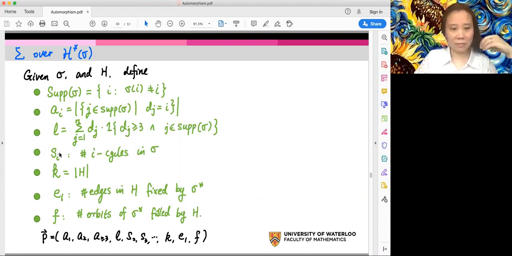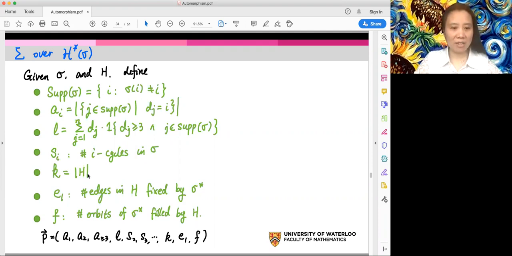And then I can also look at the set of cycles your sigma induces, since it's a permutation. You look at the number of i-cycles, encoded in S_i. So the sequence S_i denotes how many pairs of vertices have been swapped with each other, and how many 3-cycles and 4-cycles and so on.